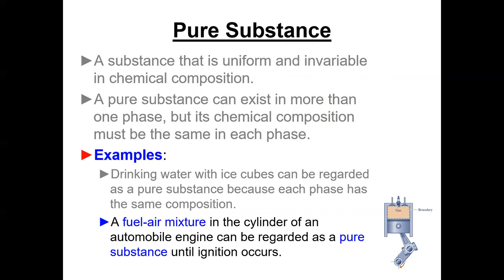You have some fuel, you've got air, so you've got oxygen, nitrogen, a little bit of argon, a little bit of water vapor and all that. But if you assume it's completely and perfectly mixed, then it can be considered a pure substance until the spark plug goes off. And then you burn it, and then you've got a mess of combustion products on your hands.